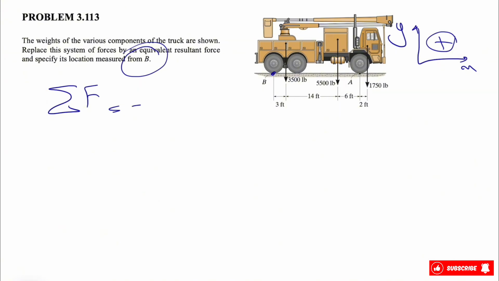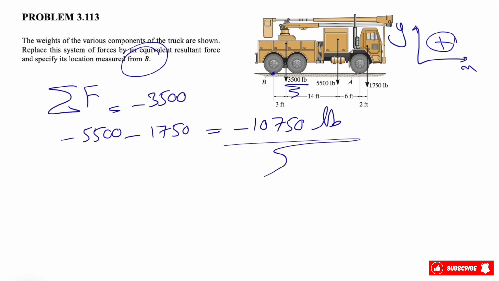The first one is 3,500 pounds, the second is 5,500, and the last one is 1,750, which are all the forces that we have on this truck. If we calculate this, we'll get minus 10,750. This is our force, so we already know the magnitude of the force, and we also know the direction, which is downward.